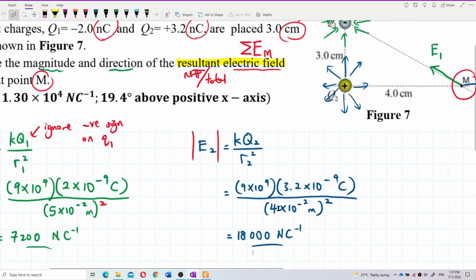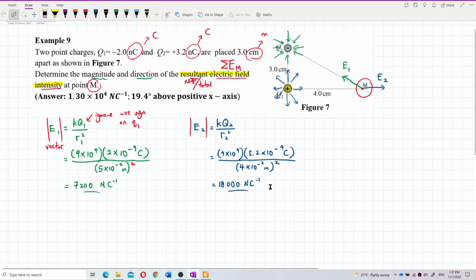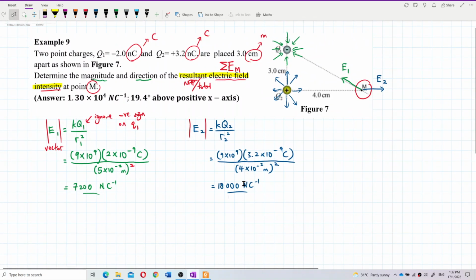Now we need to find the resultant. We can find the resultant already. Once we have these two values, how to find the resultant? We need to resolve into x and y components. So let me draw out the table first.